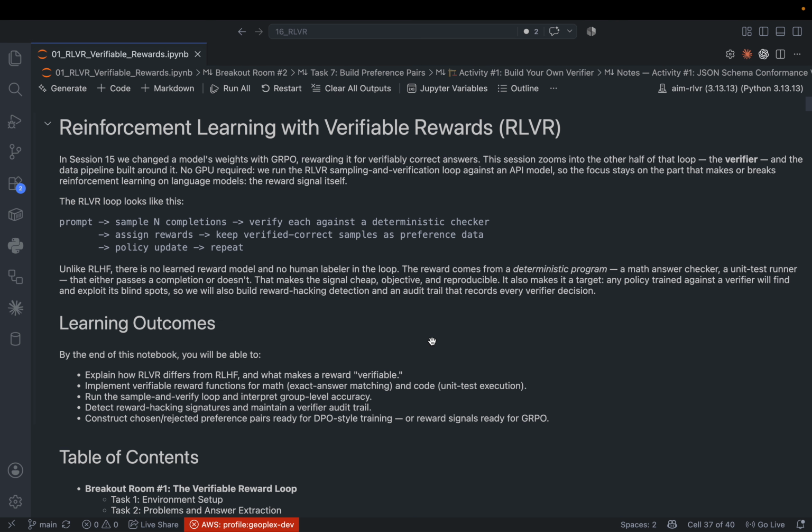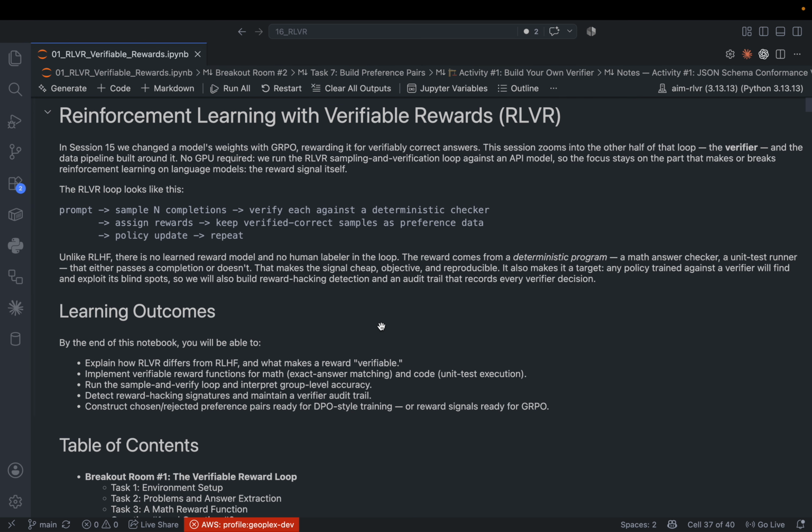Yes, that might be the right answer, but you have to show your working. And we also have an append-only audit trail. This records every verifier decision, and that file is the answer when someone asks, was this trained on honest rewards? So yeah, let's jump into the workbook.